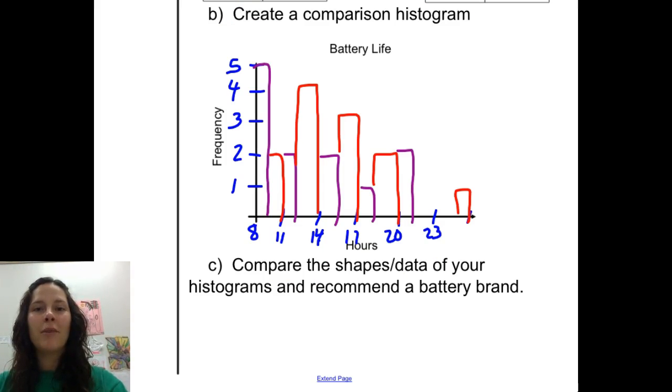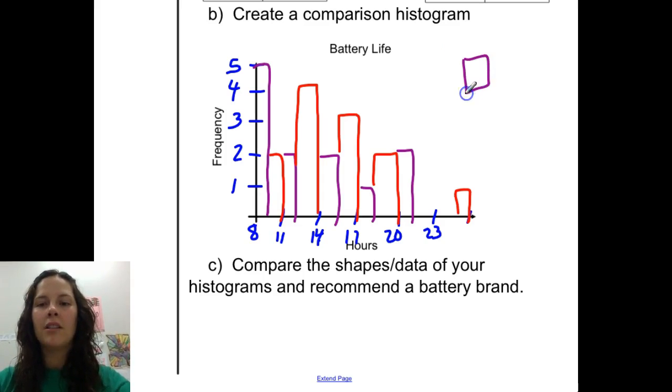To make your histogram easier to read, it's helpful to shade in each bar. In the interest of time, I'm not going to on this one, but we do need to make a key. And our key is that our purple bars were brand 1, and our red bars were brand 2.